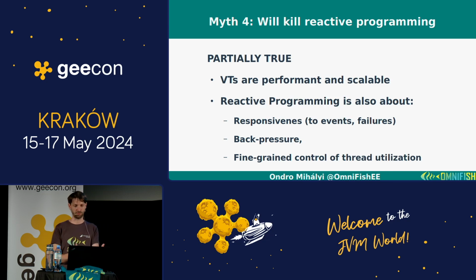Again, also back pressure. That's a concept that was introduced by reactive programming, but it doesn't have to be implemented with reactive APIs. The back pressure concept is basically when your service is overloaded and is not capable of getting more and more events, it tries to notify the other services that are sending the events: please pause sending events. I'm too overwhelmed. I will respond later, but for some time, don't send me the events.